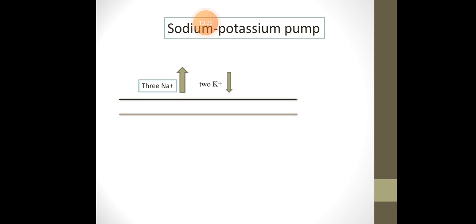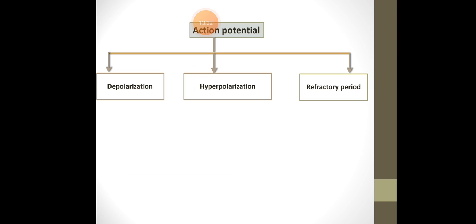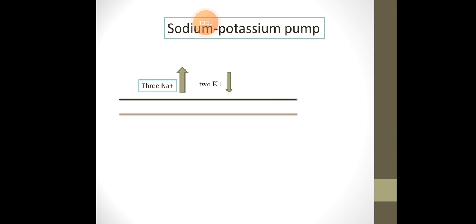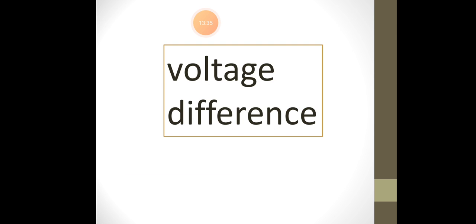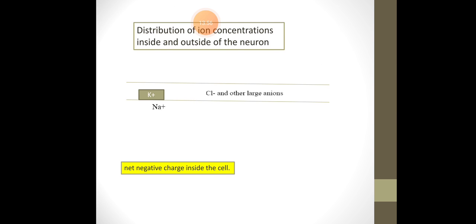So these things happen. Now we are going to discuss the action potential. The action potential occurs due to the change in membrane potential. So what is a membrane potential, or a voltage difference? Membrane potential means opposite charges lie across the membrane, resulting in a voltage difference.